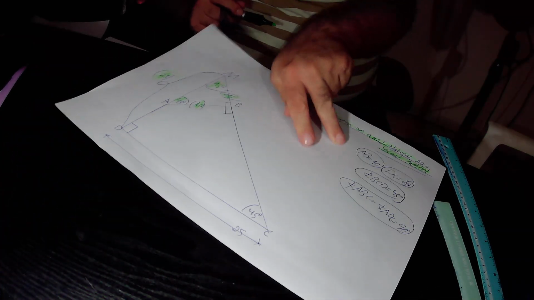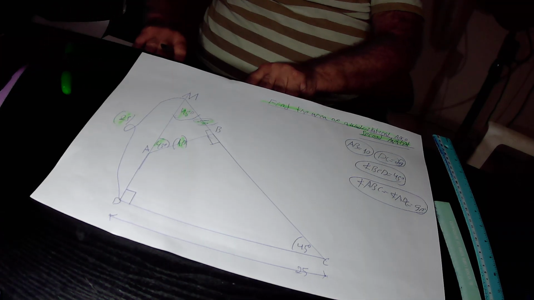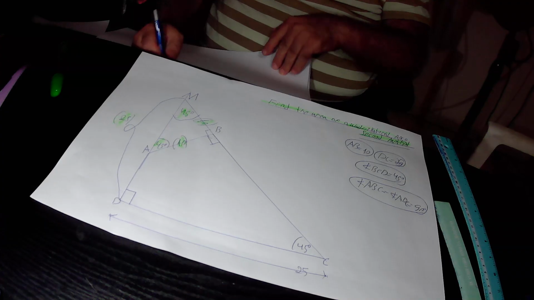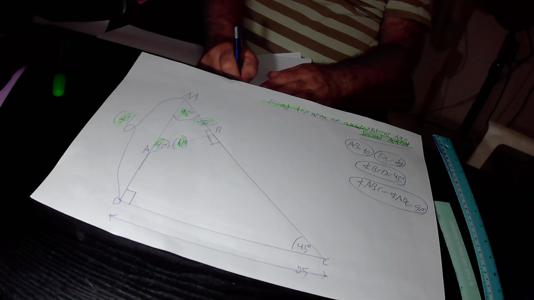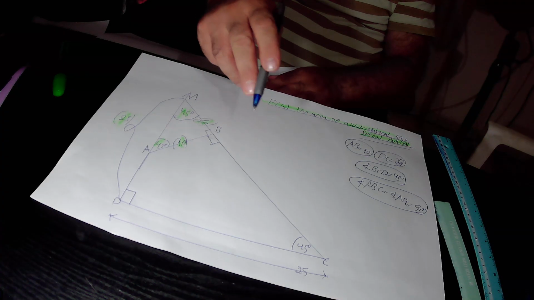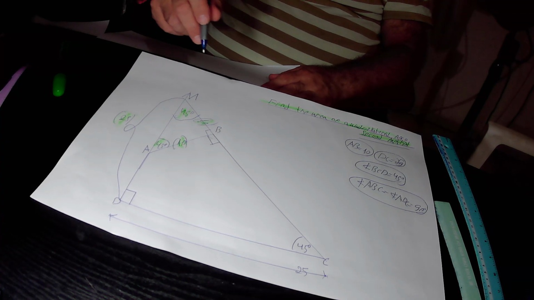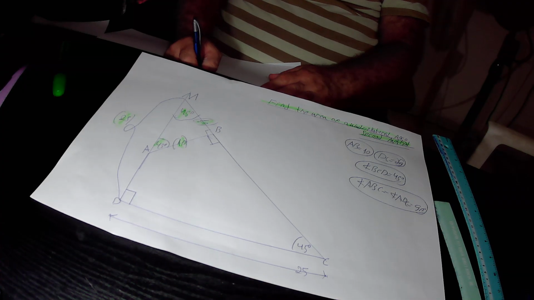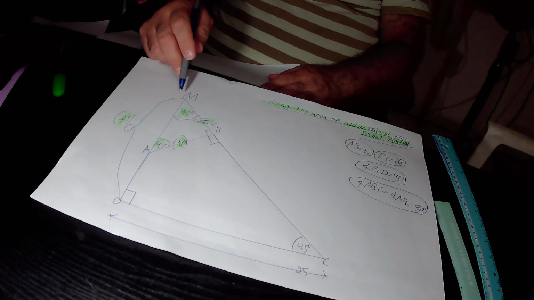What is the area of quadrilateral ABCD? From the drawing, it is very easy to see that the area of this quadrilateral ABCD equals the area of the big right triangle MDC minus the area of the small right triangle MBA.